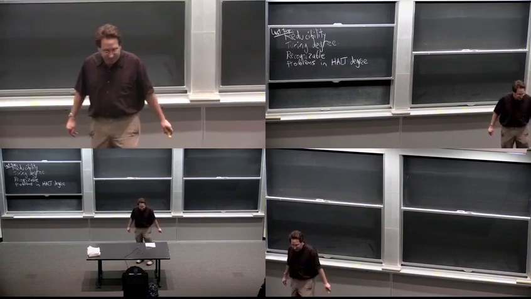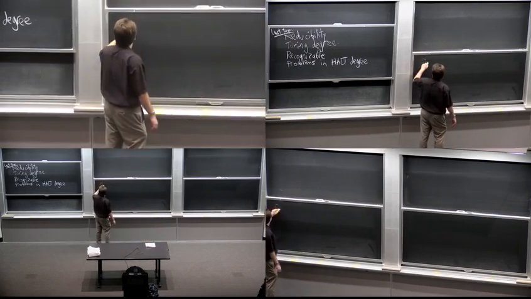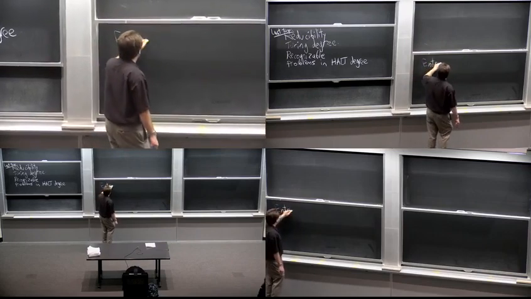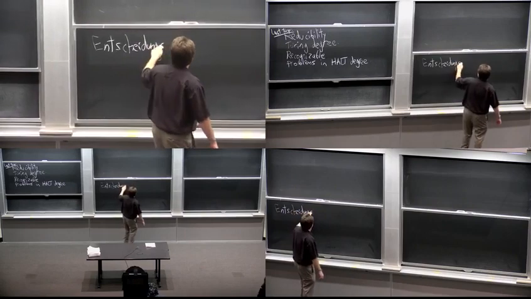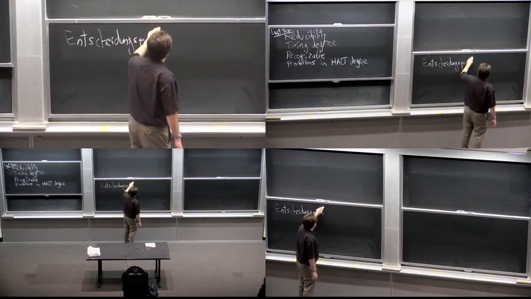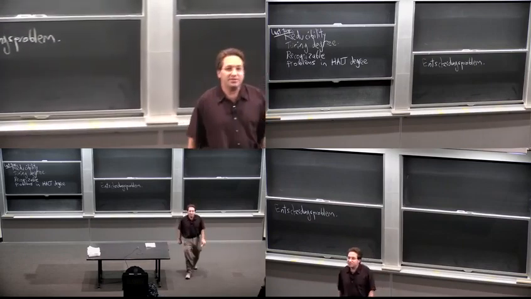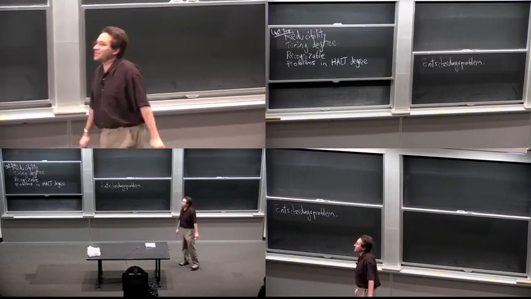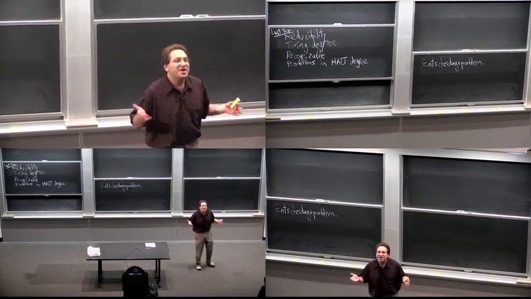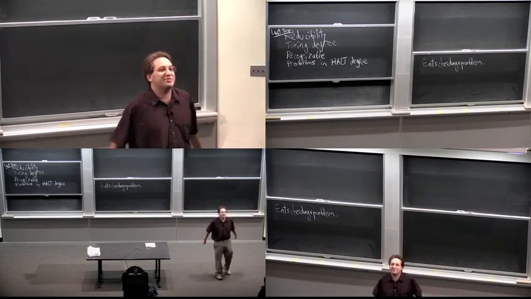By the way, we started the whole discussion of computability by talking about Hilbert's Entscheidungsproblem, right? Which is just, is there a general purpose way to automate mathematics?